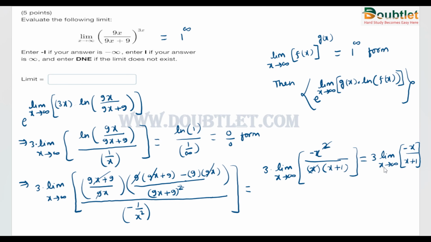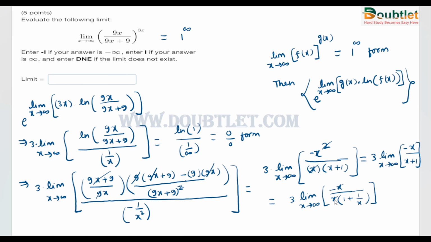Again, if we put infinite, it will become infinite by infinite form, and it is also a linear function. So if we take x common from the denominator, it will be 3 limit x tending to infinite, minus x. So x, if we take common, it will become 1 plus 1 divided by x.